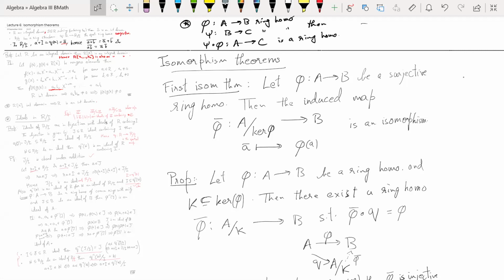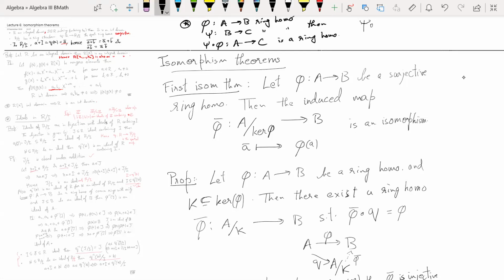All you have to check is that psi composed with phi behaves well with respect to multiplication. Maybe in this space it is enough to do it.